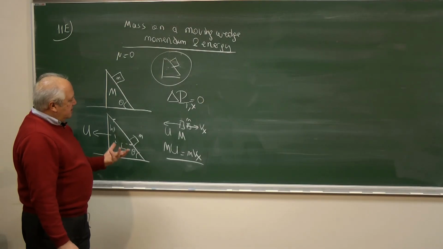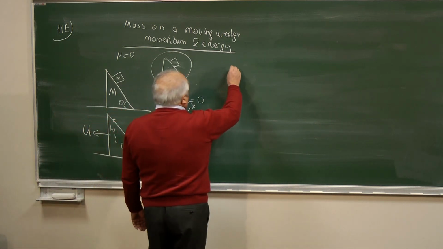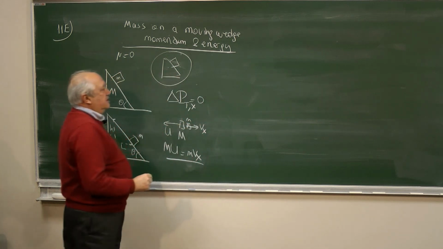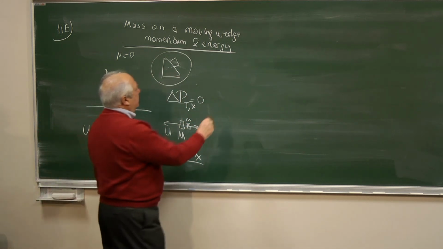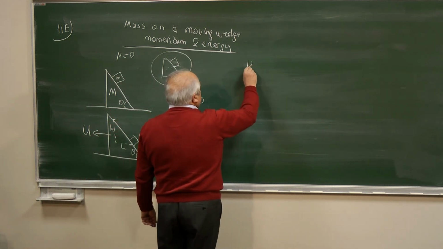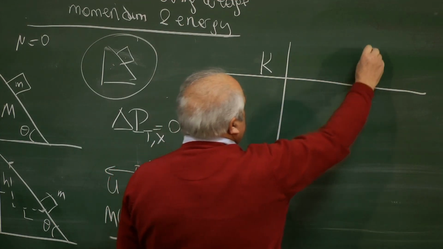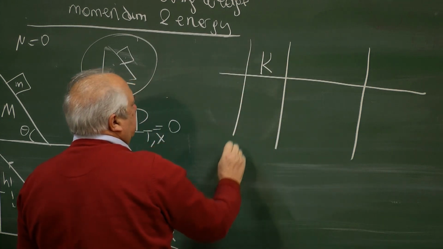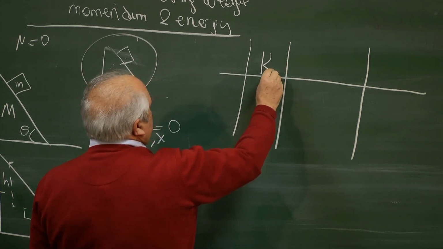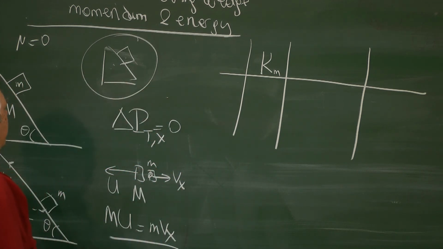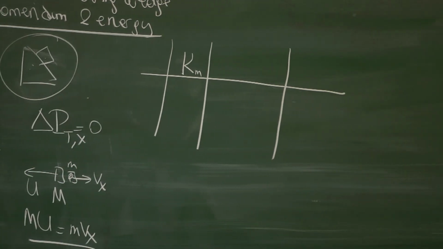And how about the energy conservation? Now, what sort of energies do we have? First, let's make a table. This is the kinetic energy of mass m, small mass block.